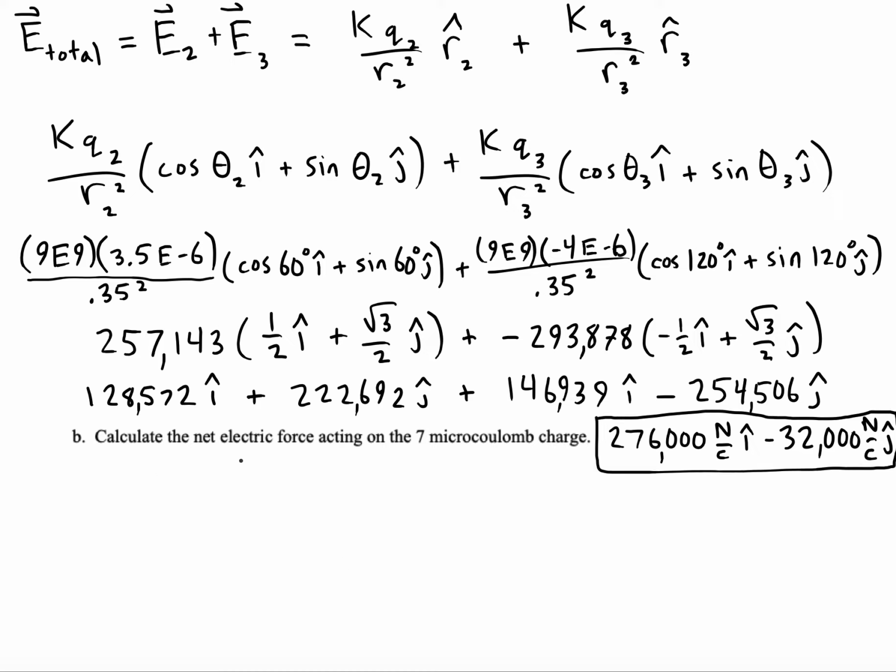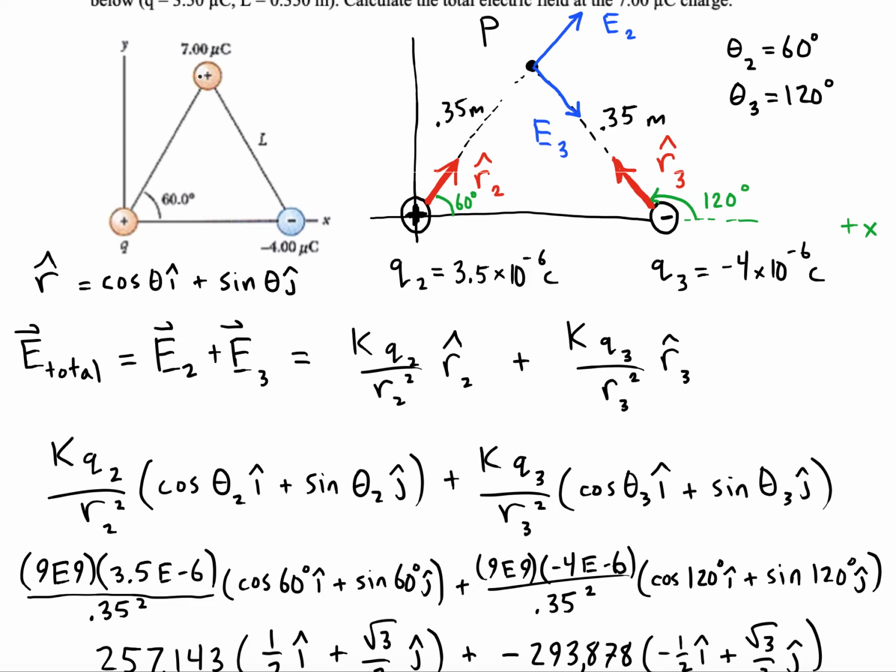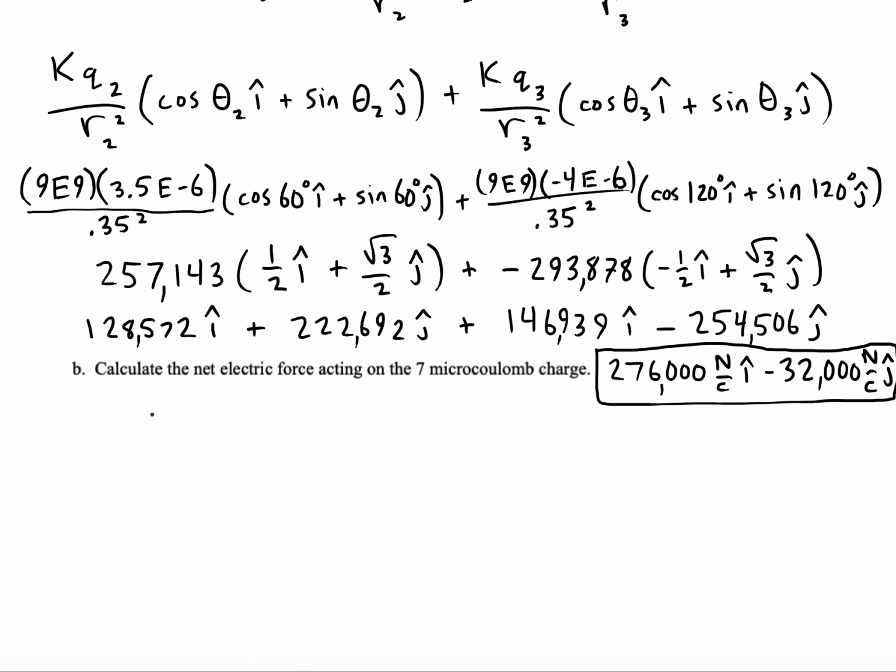Next, we're asked to find the net electric force on that charge. So now we are going to involve the positive particle. In order to do this, all we have to do is say that the electric force will equal Q times the electric field as a vector, and we already have the electric field in vector form.